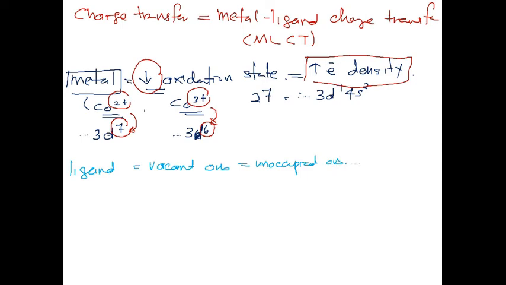So it complements this metal. Examples of ligands that have a vacant orbital are CN negative, carbonyl, pyridine, bipyridine, and so on.